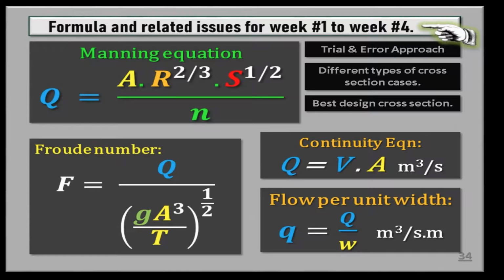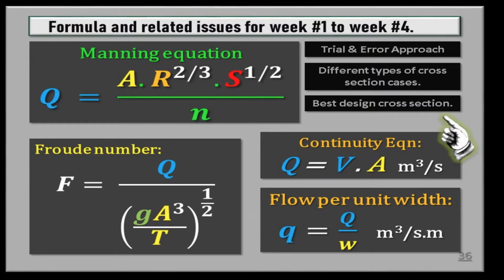For our week 1 to 4, we will be talking about Manning equation, trial and error approach to determine depth of flow y, different types of cross-section cases, rectangle, trapezoid, semicircular, and composite.